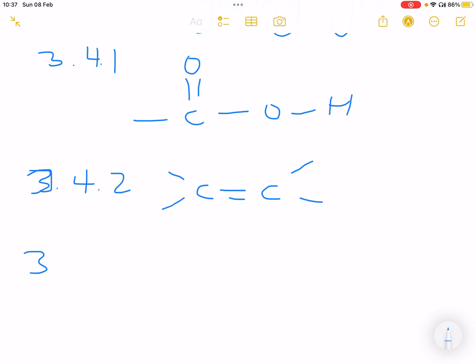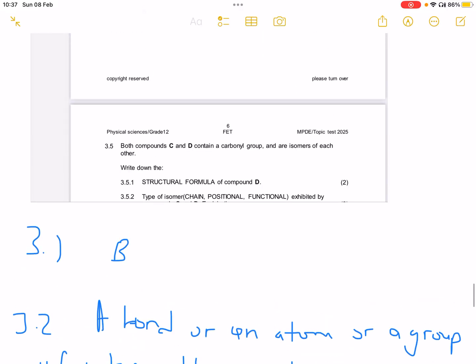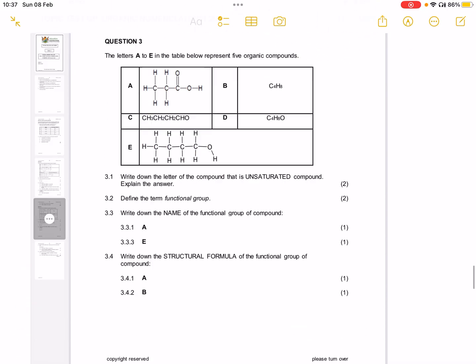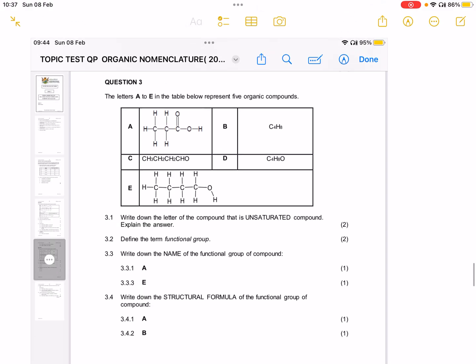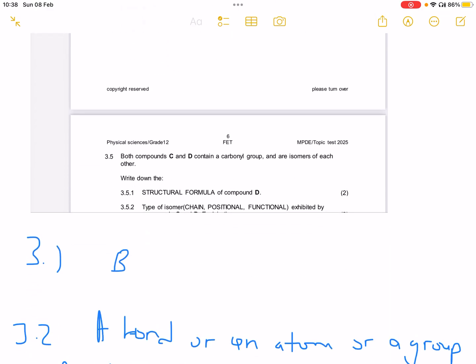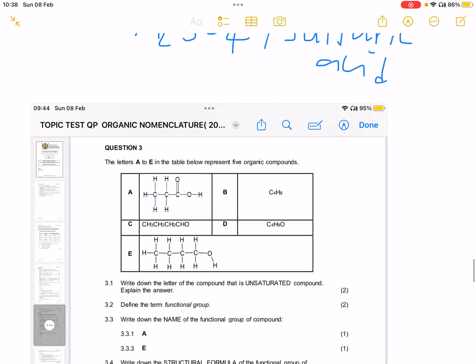Okay, 3.5.1 maybe. We're looking for the structural formula of compound D. Now it is said that compound D contains a carbonyl group, and compound C, they are isomers of each other.